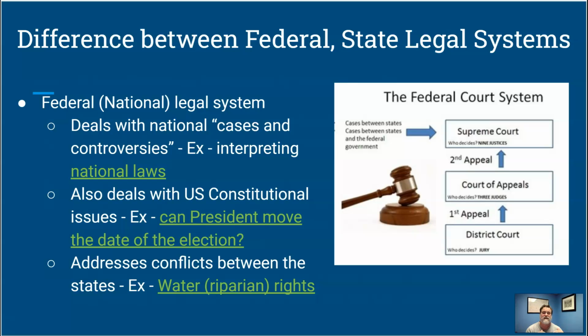There's a federal statute that names the date of every election of president, and thus a president could not move that date because it's set in law. Who could move the date if they chose? Well, the Congress could pass a law, and then a president could sign it to move the date.